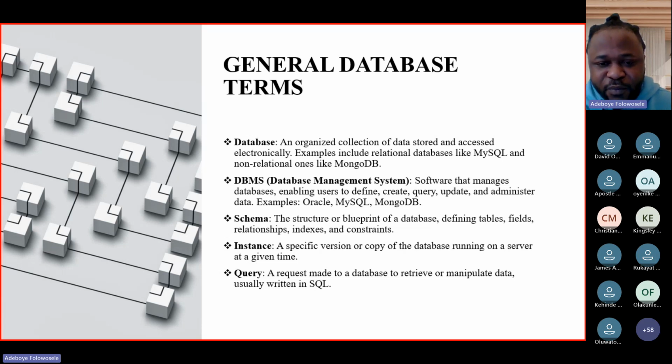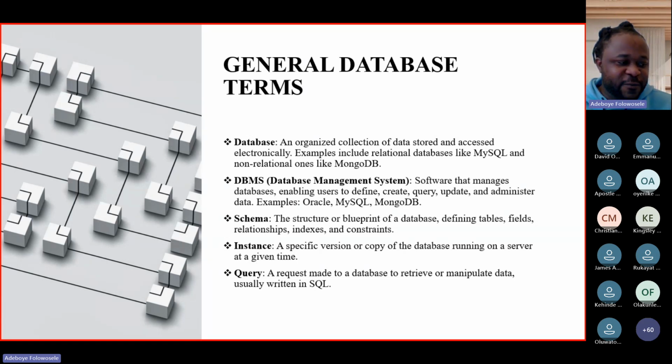Now for schema, the schema is a blueprint of a database which determines the tables, the fields, the relationships, the indexes, and the constraints. So you have tables, you have fields, you have relationships. When we get to the practical, we will explain what a schema is properly to you.